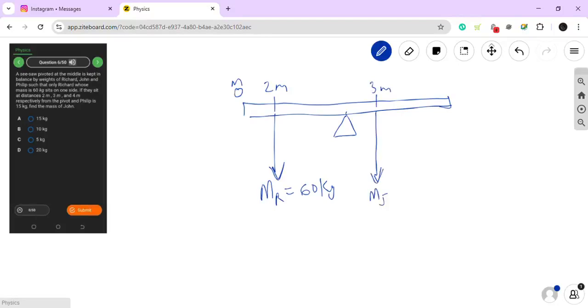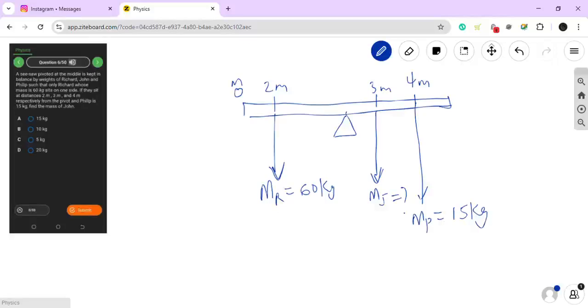Did they give us? No, they did not give us. That's what we are looking for. And we also have another person, Philip, at 4 meter. Let's say 4 meter is here, and Philip has a mass of MP, which is 15 kilogram. So we are looking for MJ.